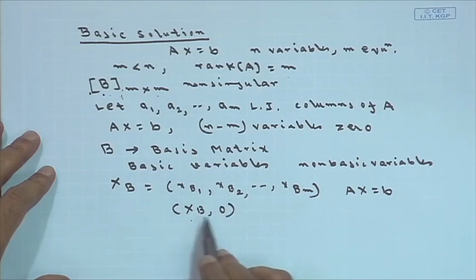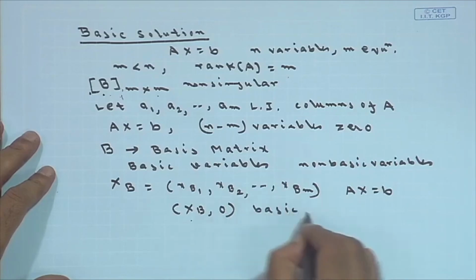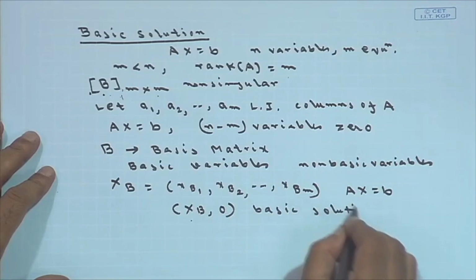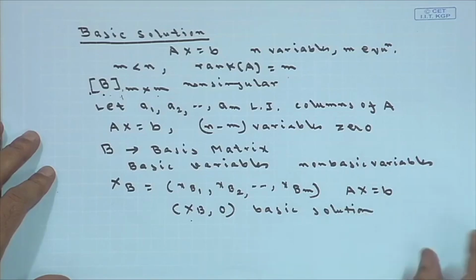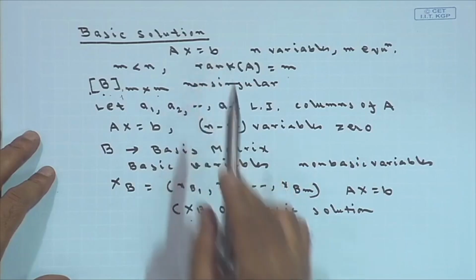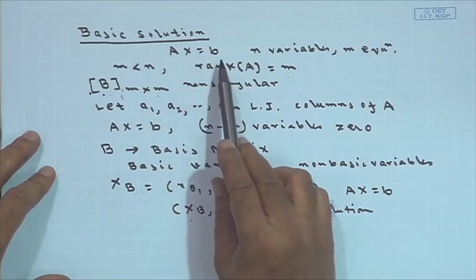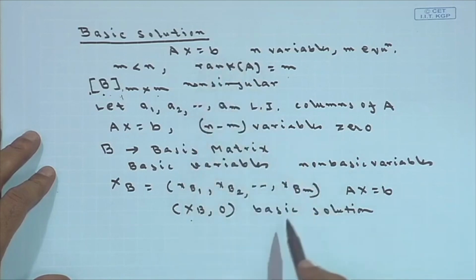So (x_B, 0) is known as the basic solution of the system of equations Ax equals b. I am not saying that this is the only solution; I am saying this is a basic solution.